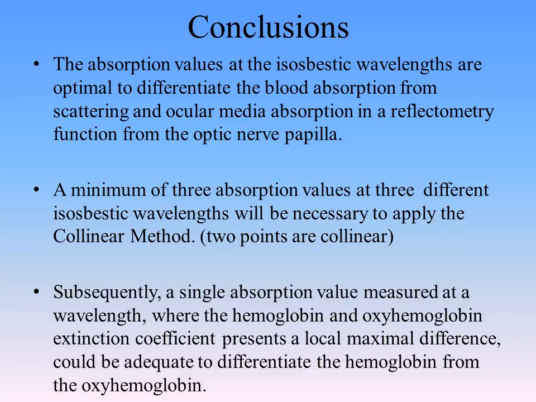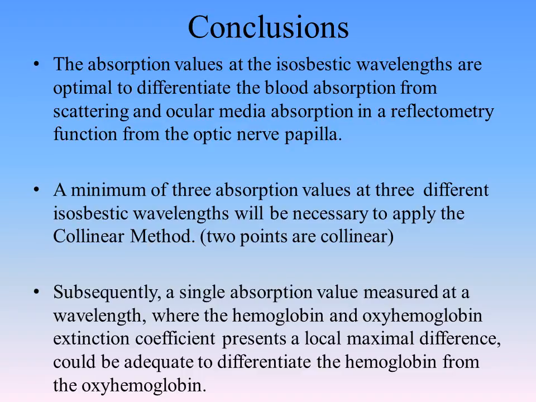A minimum of 3 absorption values at 3 different isosbestic wavelengths will be necessary to apply this collinear method. 2 points are all the time in the line. 3 points, you need to be sure there is no noise in your data, because 3 points are very easy to put in the line by this method.